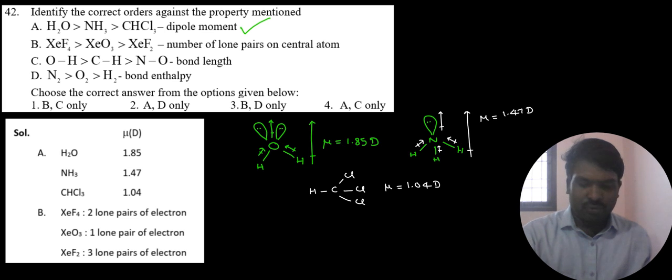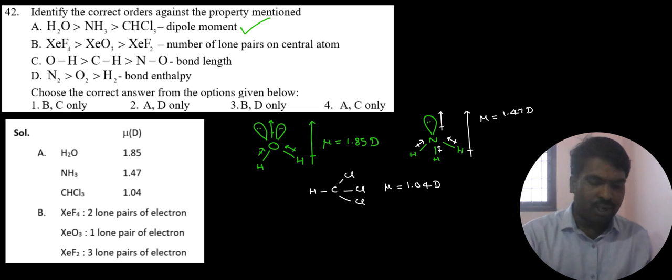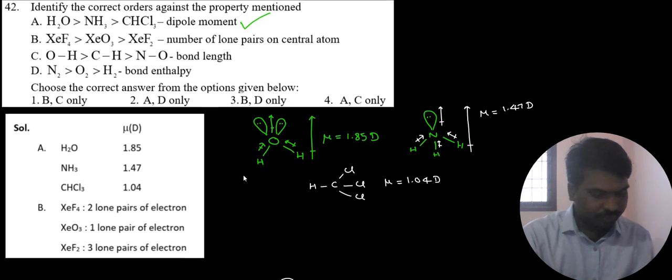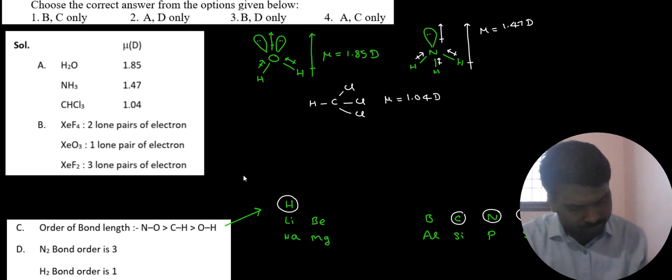Now moving to the next statement: XeF4 is greater than XeO3 is greater than XeF2, in the number of lone pairs on the central atom. XeF4 is square planar.